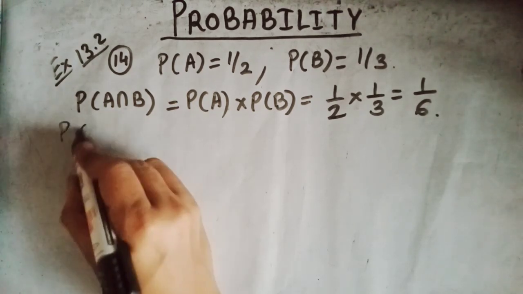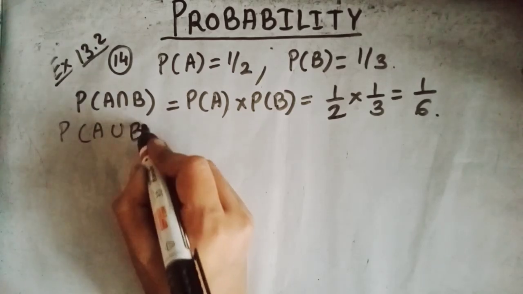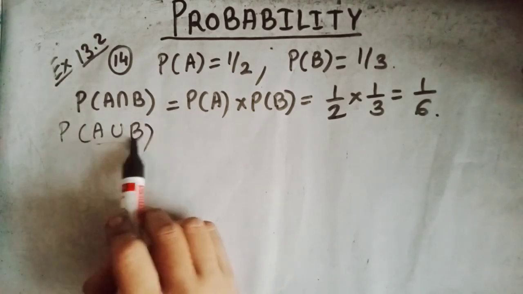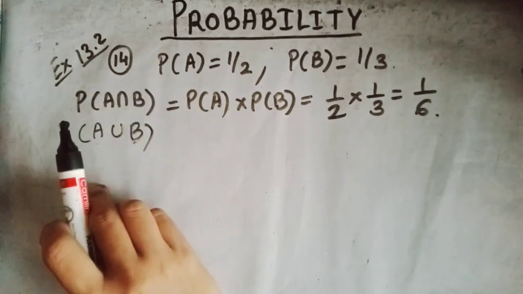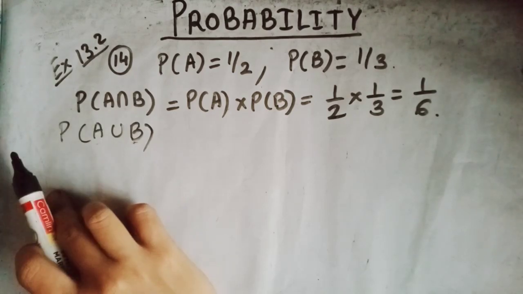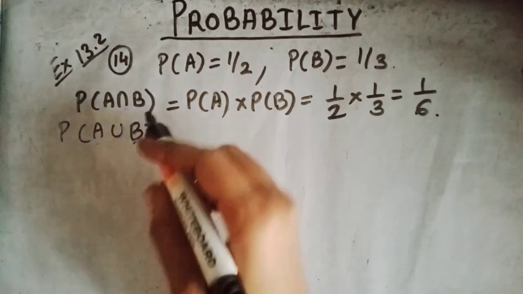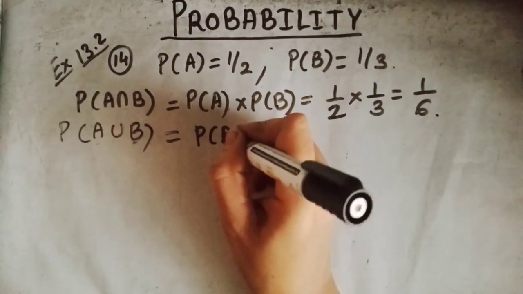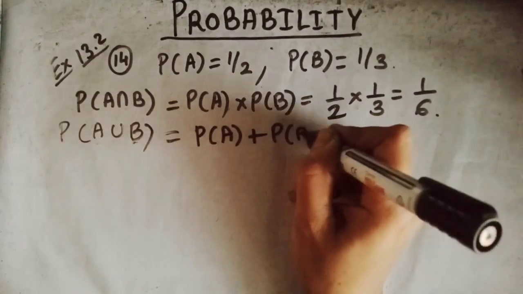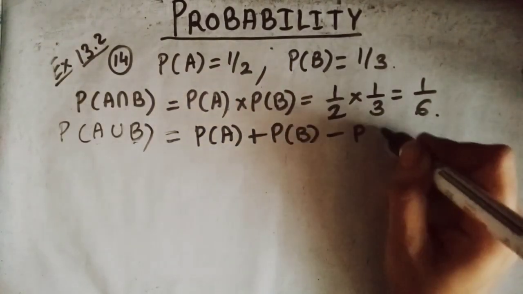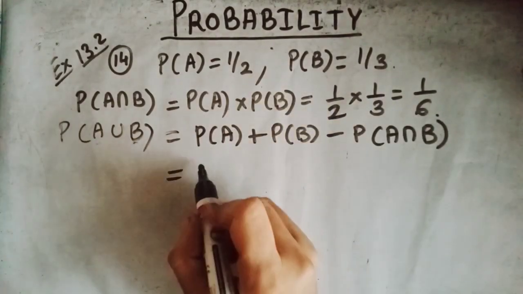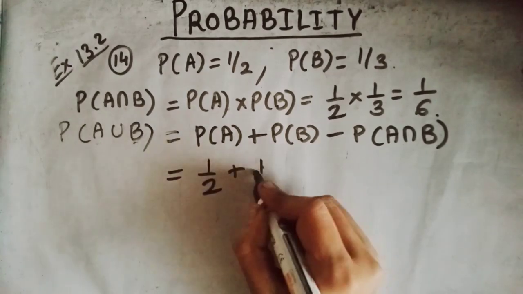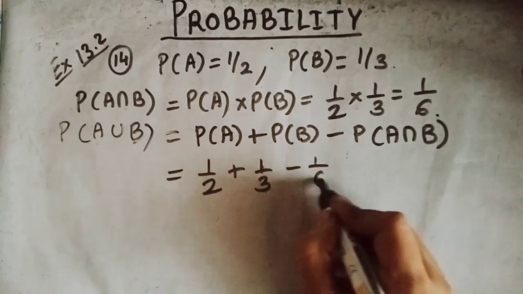So it will be P of A union B. Okay, and you can use the formula for A union B, that is P of A plus P of B minus P of A intersection B. So P of A is half, P of B is 1 by 3, and this is 1 by 6.